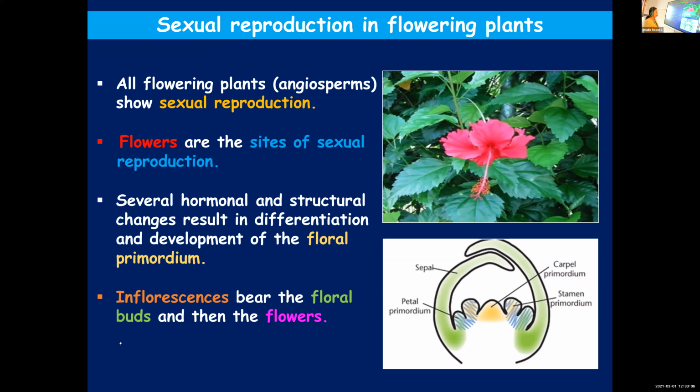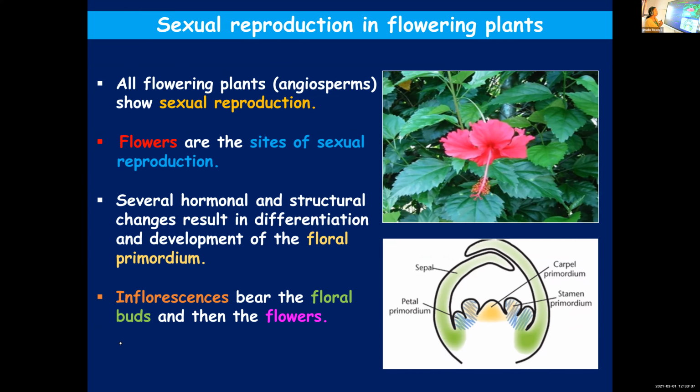Once again, I'll repeat: angiosperms, or the flowering plants, can carry out sexual reproduction, because the flower is a reproductive part of a plant, or you can say these are the sites of sexual reproduction, because the male and female reproductive organs are found in the flower. It can be either in the same flower or in different flowers. So you have learned about unisexual and bisexual flowers.